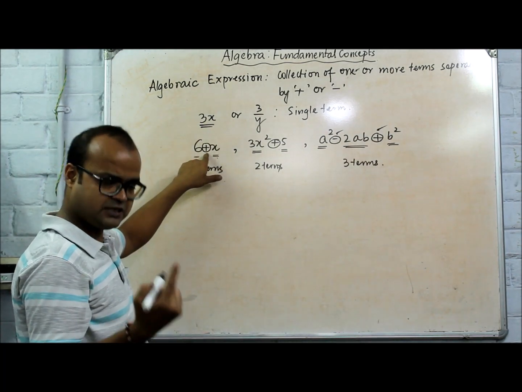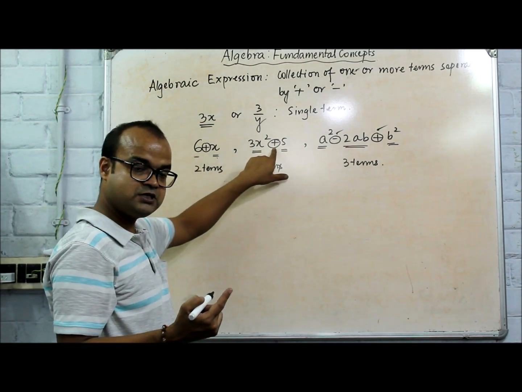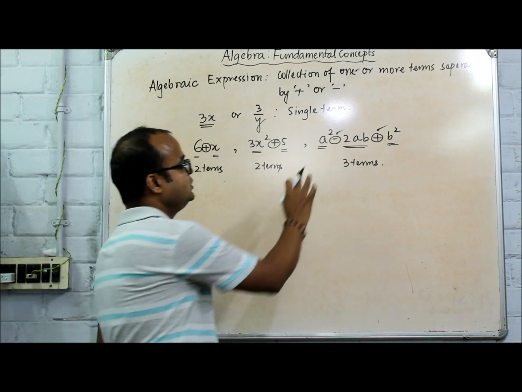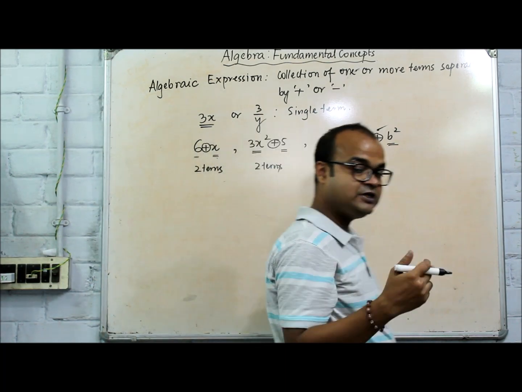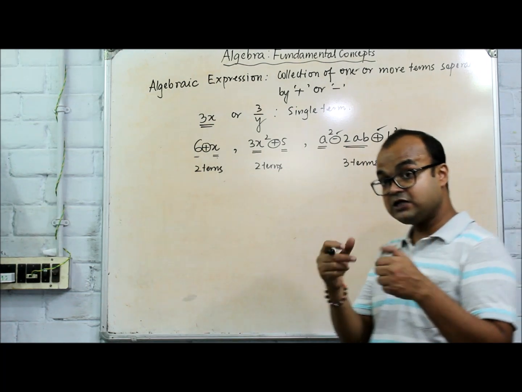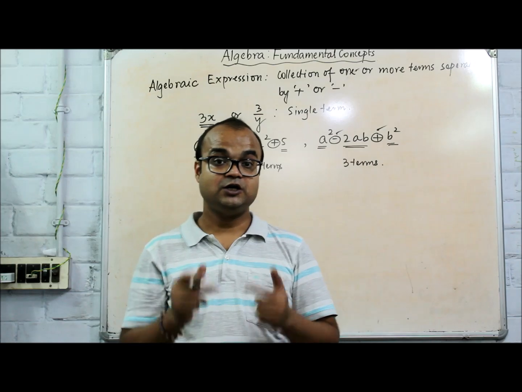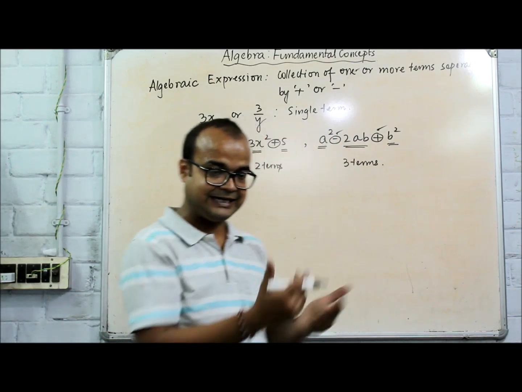Only one sign, plus sign. So number of terms is 2. Two signs, number of terms is 3. That means the number of times plus or minus appears, plus 1, is the total number of terms.